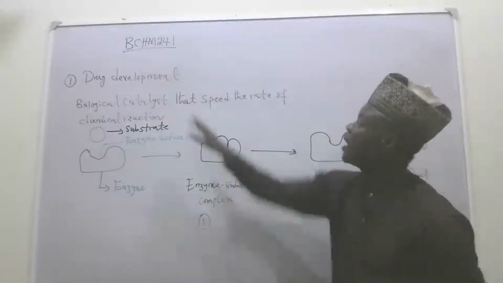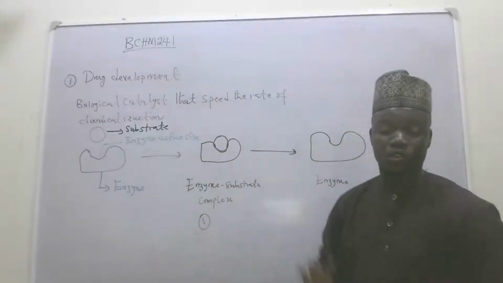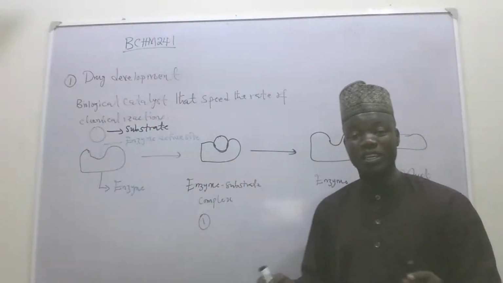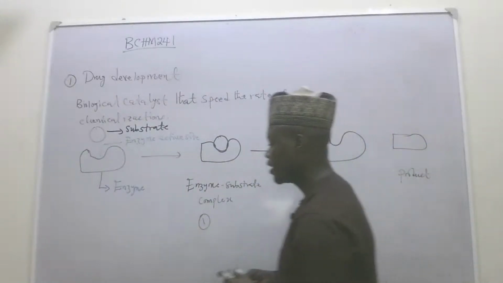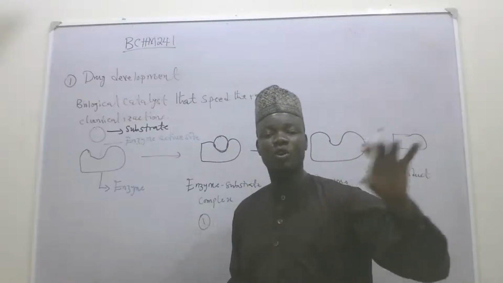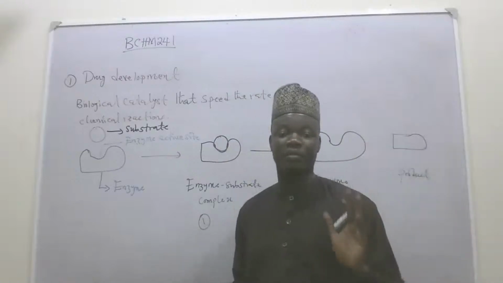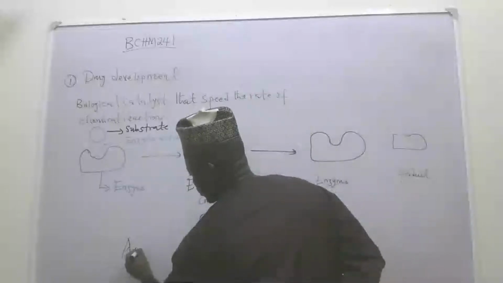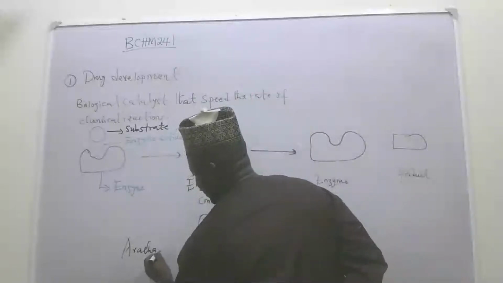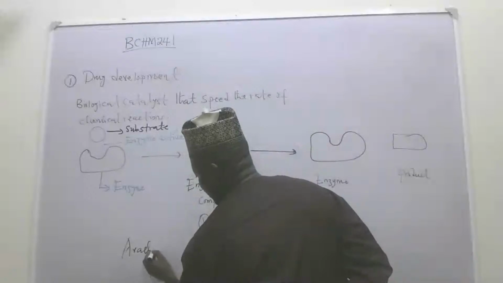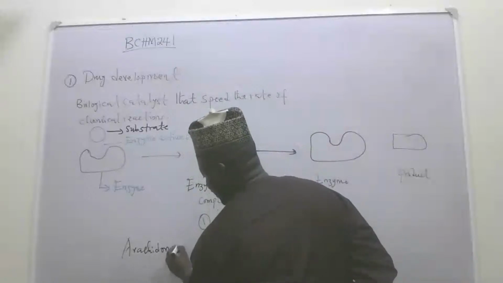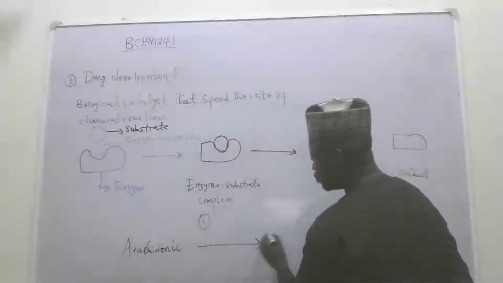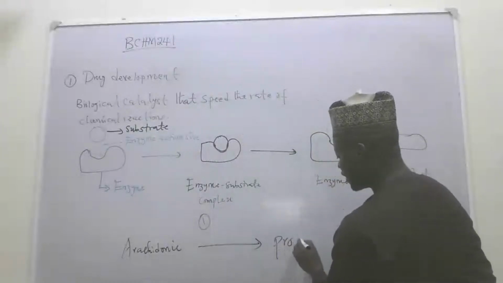Now, how do we use these enzymes in drug development? I'm going to give a specific example. We have what we call the cyclooxygenase pathway, a typical example of a pathway where arachidonic acid is converted into prostaglandins.